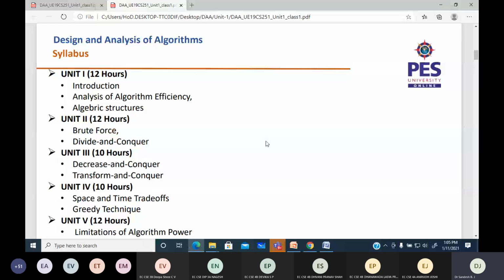In the brute force method, you shift your pattern one by one, and you compare the pattern with the string in the text, and if it is matching, you say the pattern is matched.